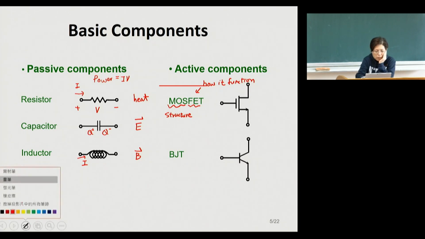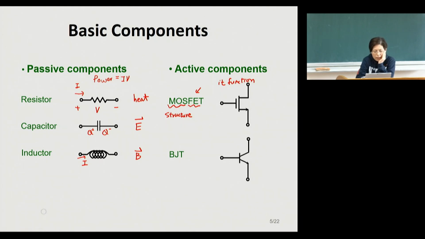So FET, someone to say what it means? F is field effect. So what it does is that it's counting on electric field. So this is how it works. The first three letters are the structure, and the second part tells you how it functions.